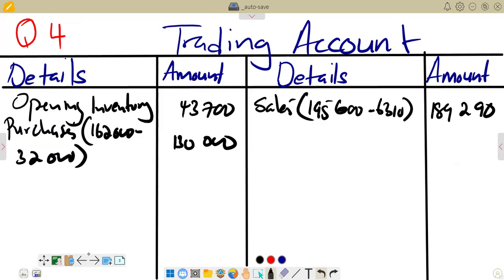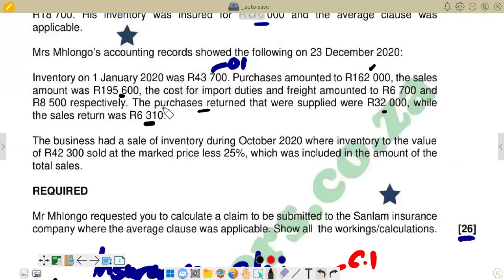And then obviously we are now checking the figures of import duties and freight on purchases. Remember, those figures are given in the question, and they increase the purchases. So we have import duties being 6,700, and then we have freight being 8,500. We are just going to enter them on the debit side again of that trading account.